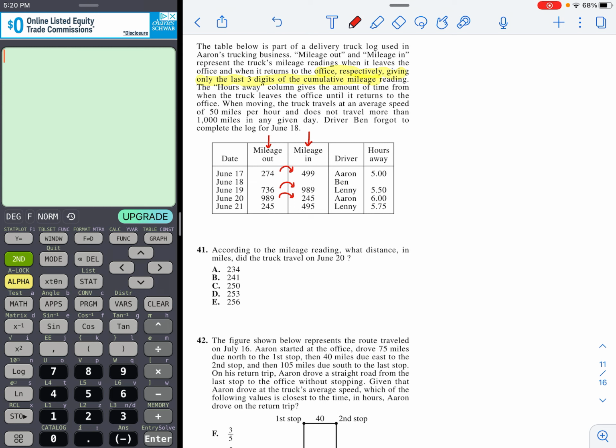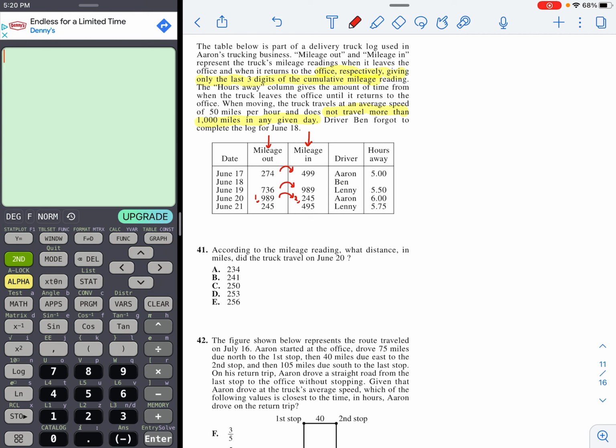There's one of these that doesn't look like it makes sense, but that's because this only shows us the last 3 digits. So this could have been 1,989 to 2,245. And that's why they also have to tell you the truck does not travel more than 1,000 miles in a day. So you know it's not from like 1,989 to 5,245.